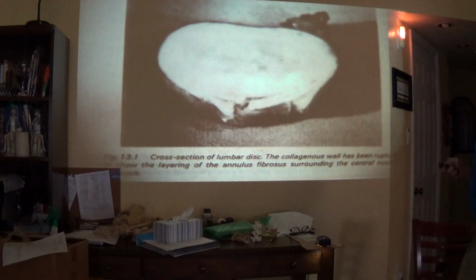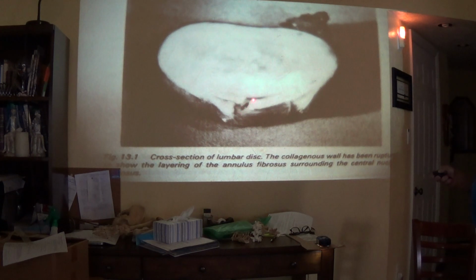So, this particular slide shows a disc here in some of the annular rings, and it shows what they call a fissure between the rings. I forget what they call it, a certain kind of fissure.